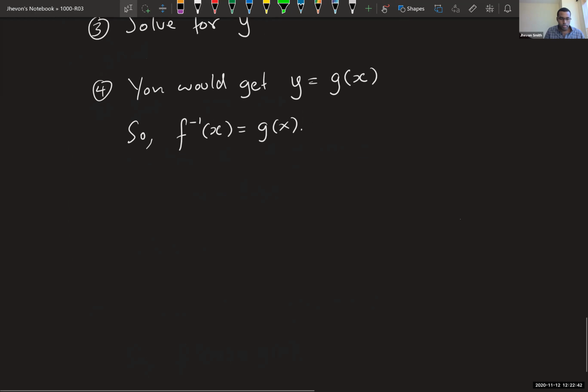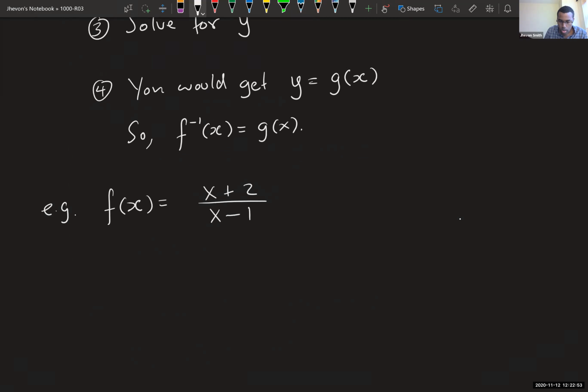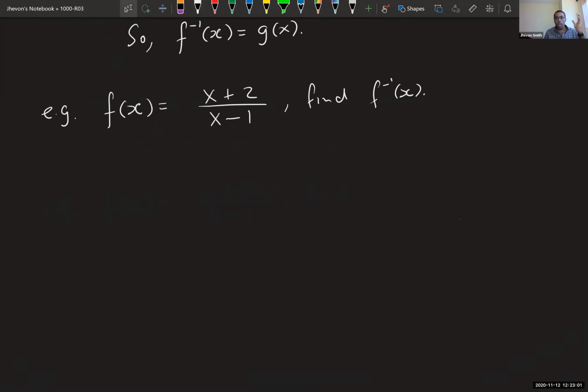So for example, if I said f of x is equal to x plus 2 over x minus 1, find f inverse. That could be a problem. Or, which of the following is the inverse of f?